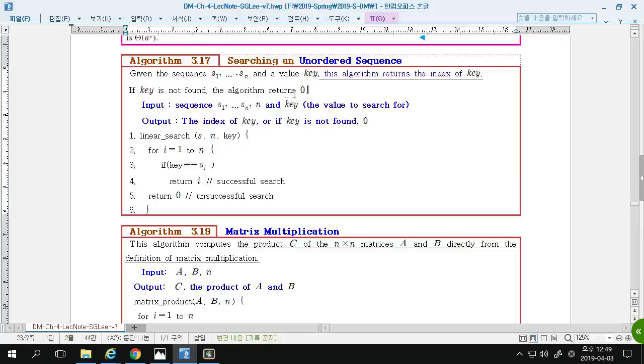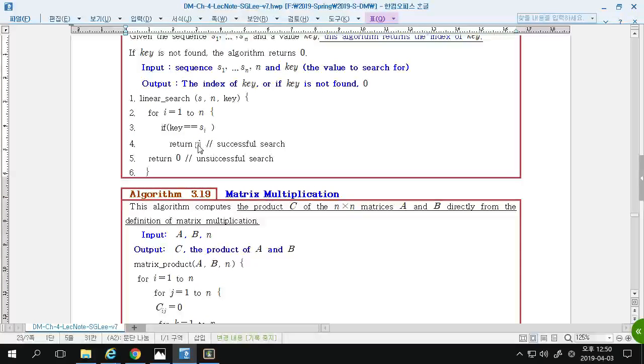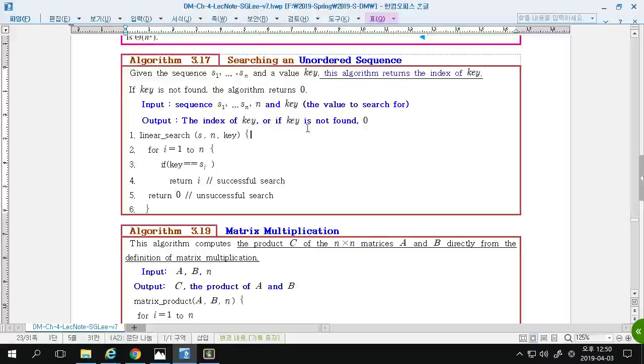If key is not found, the algorithm returns 0. So input is the sequence, n and key, the value to search for. Then output is the index of key, or if key is not found, then print 0. Then this linear search code will give you the index of key when it is found, and if you don't find it, then it will give us zero. And that's the code for searching the index of the key.